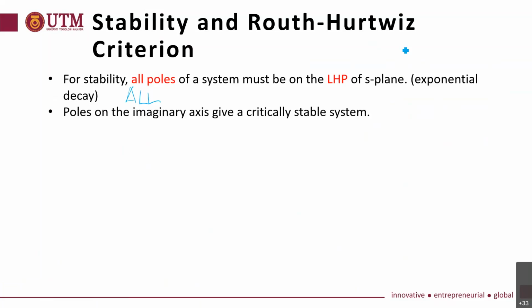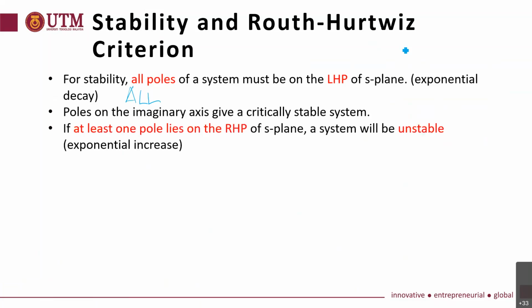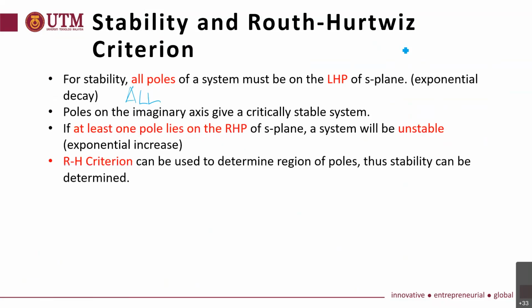If no pole on the right, then the system will be critically stable. If at least one pole lies on the right half plane, the system will be unstable. If only one pole on the right, then it will be unstable. It will increase over time.